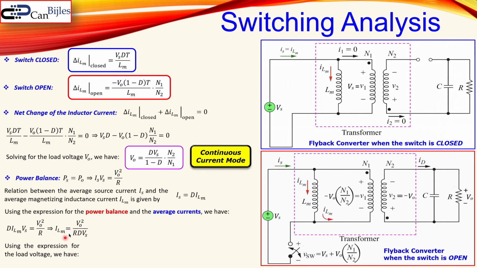Now using the expression for the load voltage, which is also shown here, we can substitute this expression for the load voltage in this expression. After a couple of steps, you have your expression like so. What do we see? Again, it depends on the duty cycle, it depends on the turns ratio of your transformer, and also your resistor and your input voltage Vs.